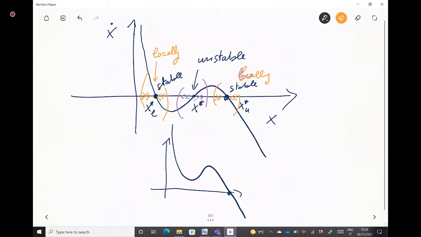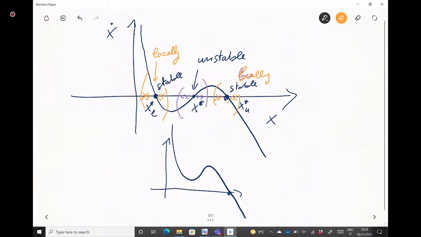But it is enough that we start slightly above x star, and the final outcome will be x star u. Why? Because in this region, the derivative is always positive. Okay? On the other hand, if we start on the right of x star u, at any point on the right, we will decrease until we reach x star u.